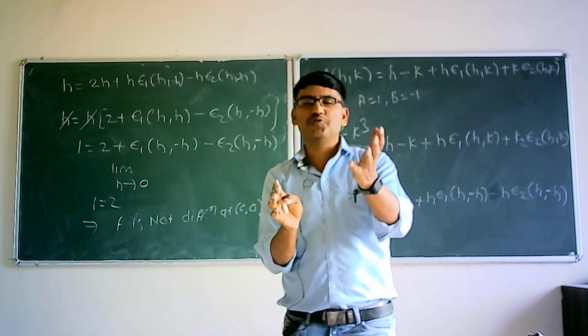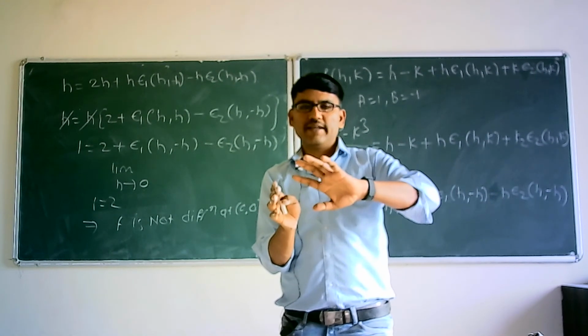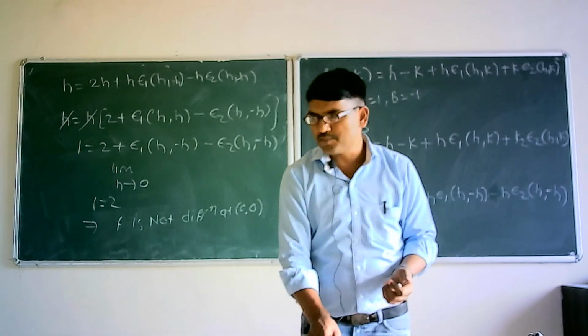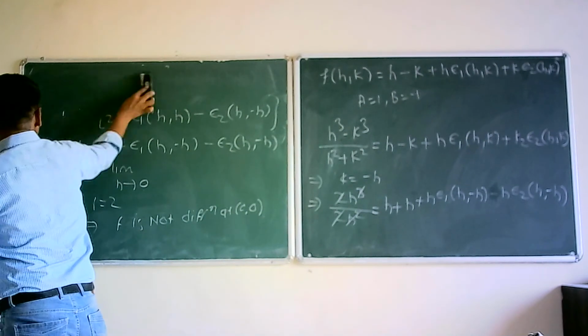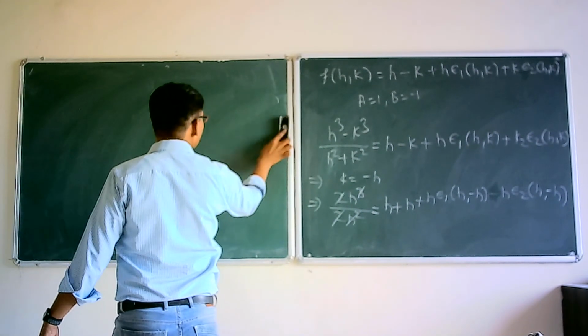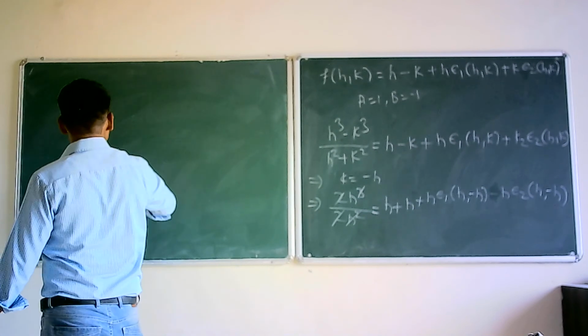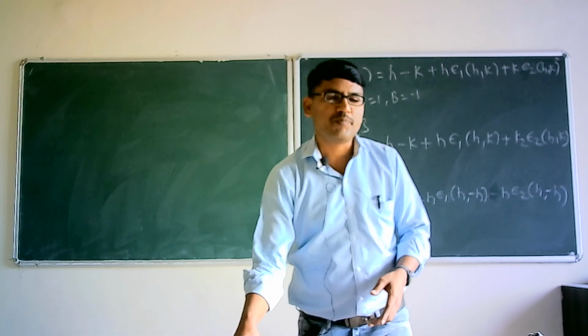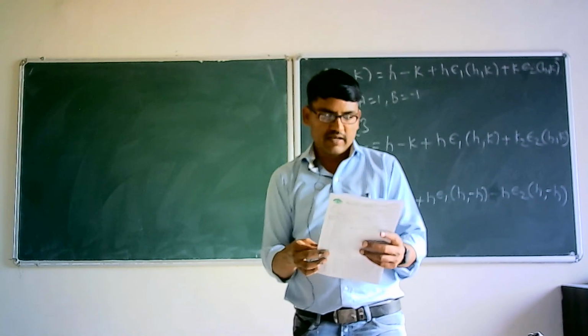But now we are going to see one example. In that example we are going to show that the given function f is differentiable at (0,0). Now when we say the given function f is differentiable, it means your increment function can be expressed in the form of ah plus bk plus h epsilon 1(h,k) plus k epsilon 2(h,k).